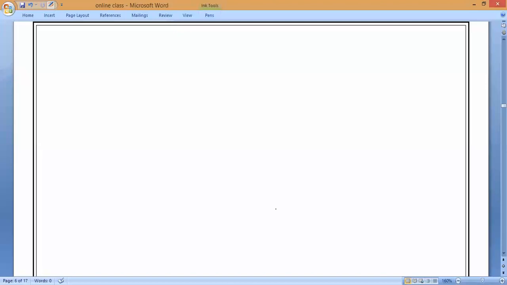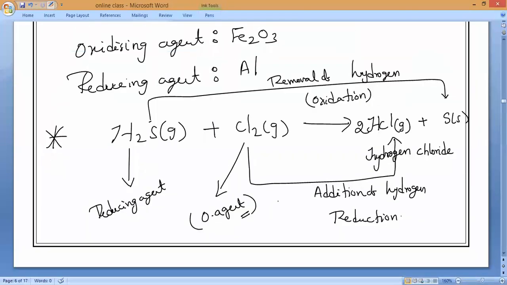Based upon that, we will study examples of oxidation and reduction reactions, and later the importance of redox reactions in everyday life. After that, this chapter is going to end.